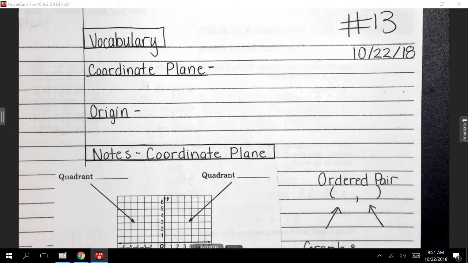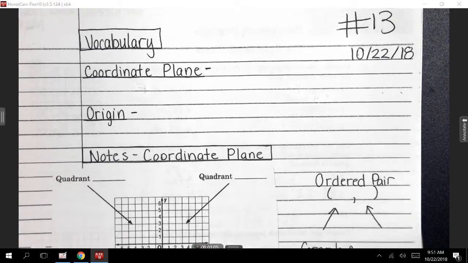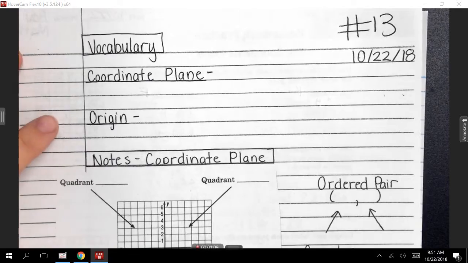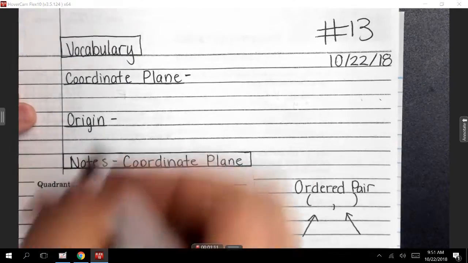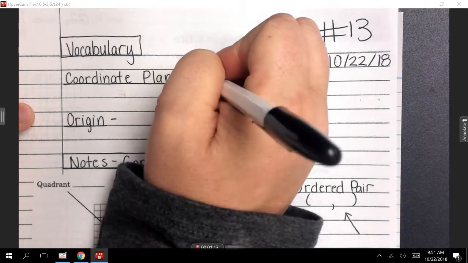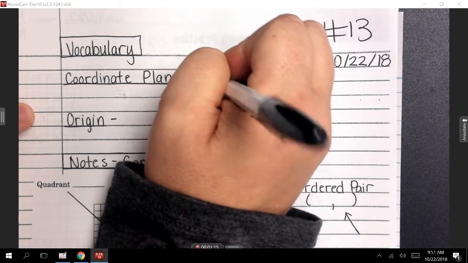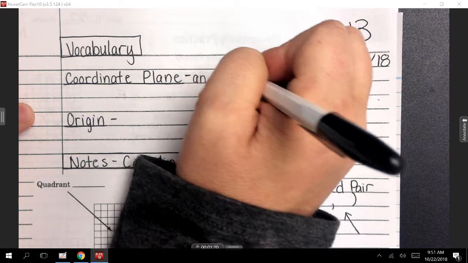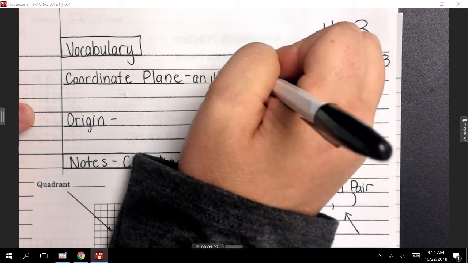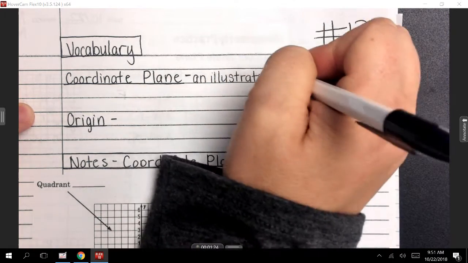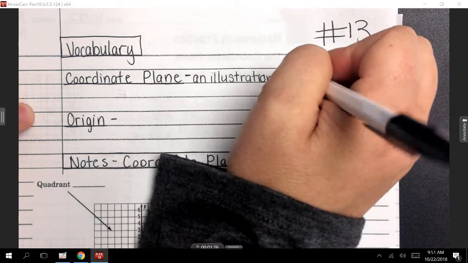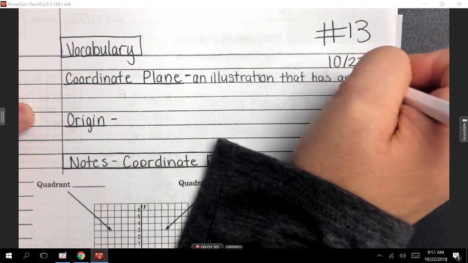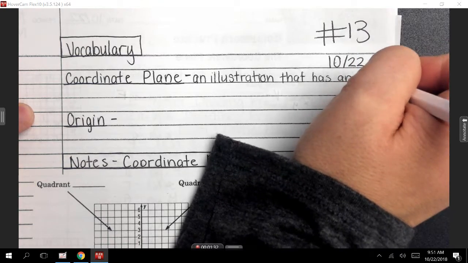All right, all a coordinate plane is, and sorry, I moved my stuff around. Here we go. All a coordinate plane is, it's an illustration. It's the actual graph. It's the illustration that you put all of your points on. So it's an illustration that has an x-axis.